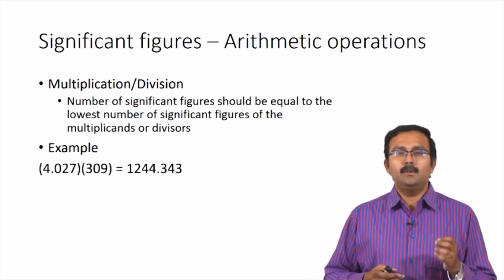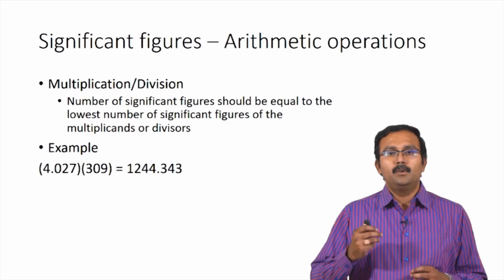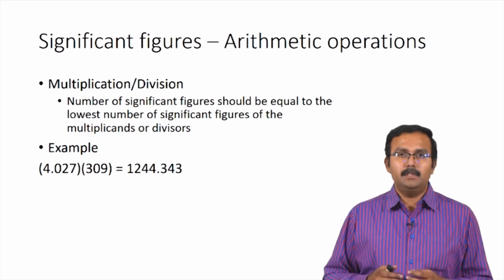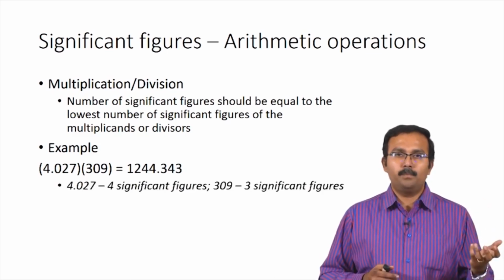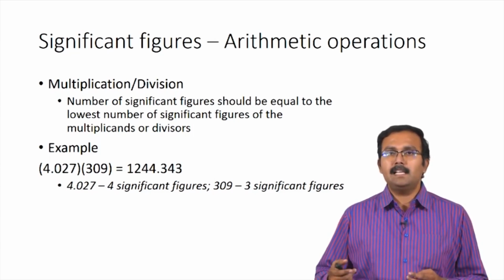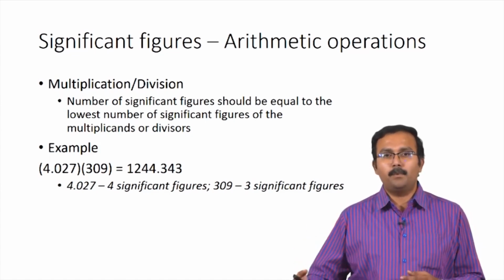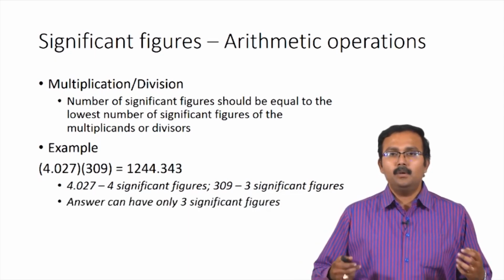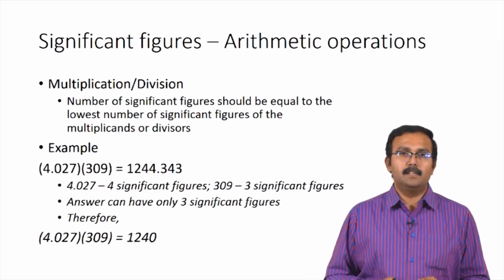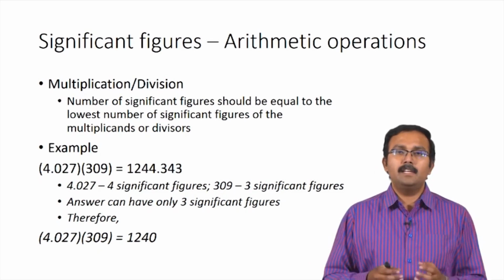You have 4.027 times 309 giving you a value of 1244.343. So, this is what your calculator would give you. However, the first term, which is 4.027, has 4 significant figures, and the second term 309 has 3 significant figures. So, the most number of significant figures your final answer, which is the product, can have is 3 significant figures. So, you would write down your answer as 1240 to match the significant figures.